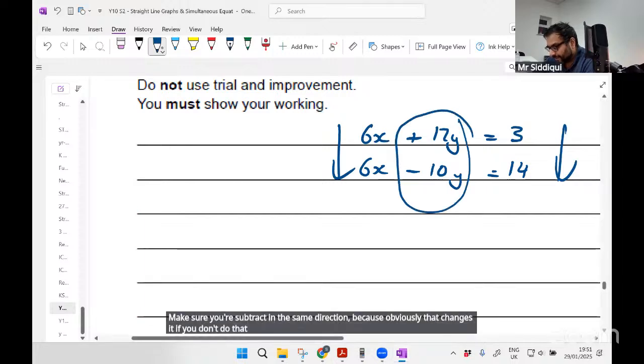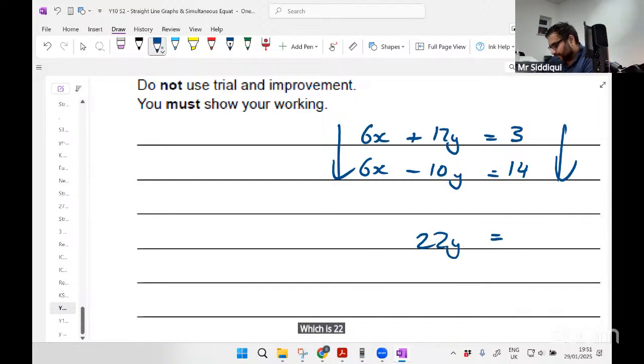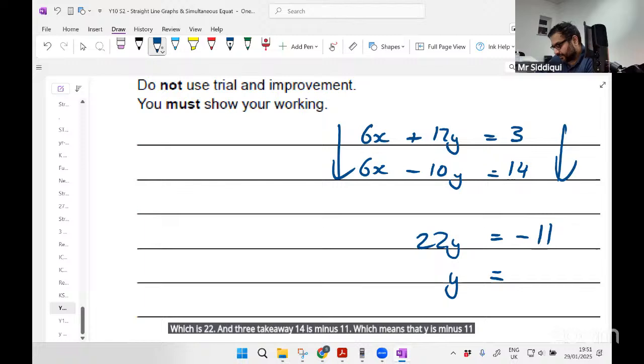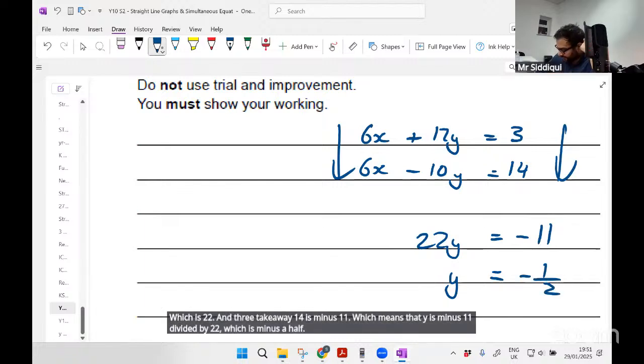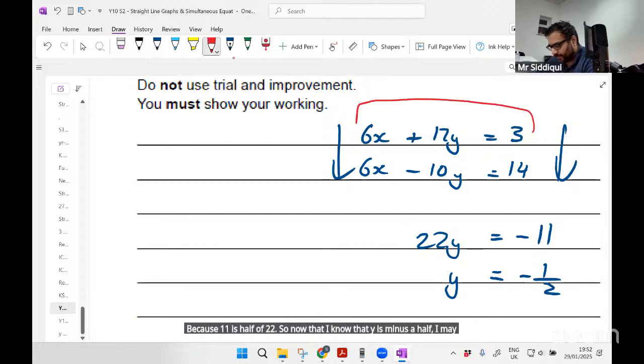12 minus 10 is the same as 12 add 10, which is 22. And 3 take away 14 is minus 11, which means that y is minus 11 divided by 22, which is minus a half, because 11 is half of 22. Now that I know that y is minus a half, I'll go back to the top one because the y is positive.